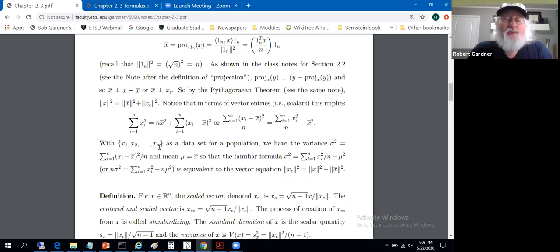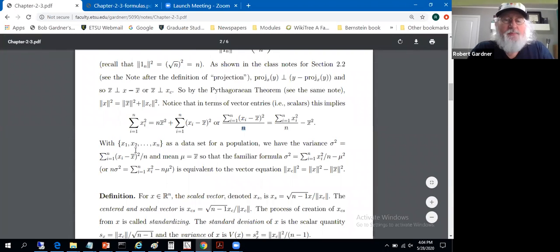If x1 through x sub n was data from a population, we need a population because we've done some division by n in this slide in particular to speak of variance. But if this was data from a population, then the variance is given by this particular formula. We saw it above.